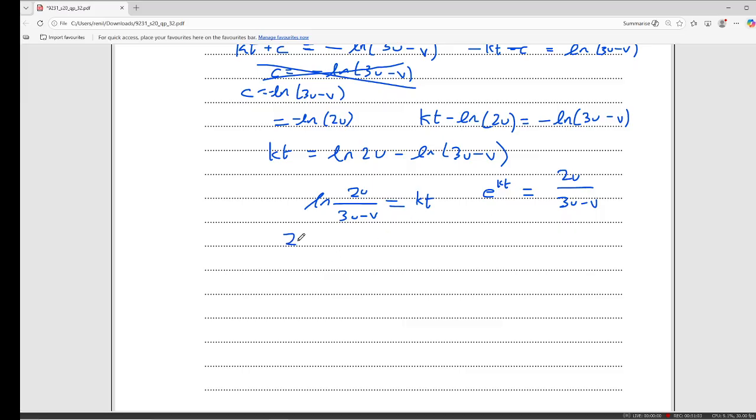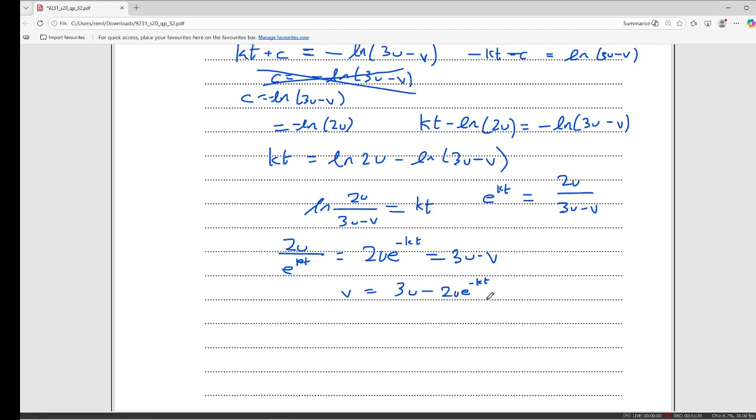So I can write this as 2u divided by e to the power kt, which equals 2u times e to the power of negative kt, and that's equal to 3u minus v. So that means v equals 3u minus 2u e to the power of negative kt. Yeah, okay, we did that and we got this.